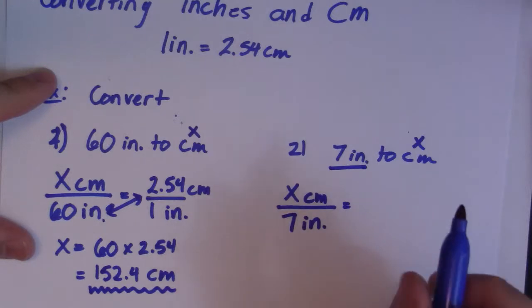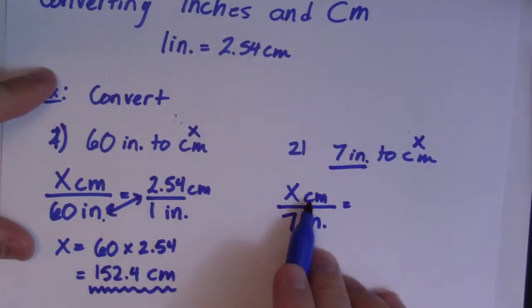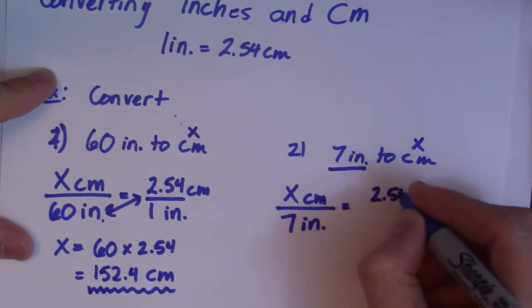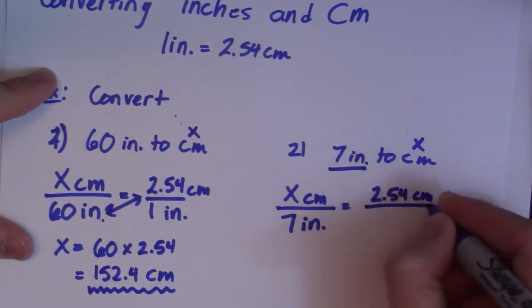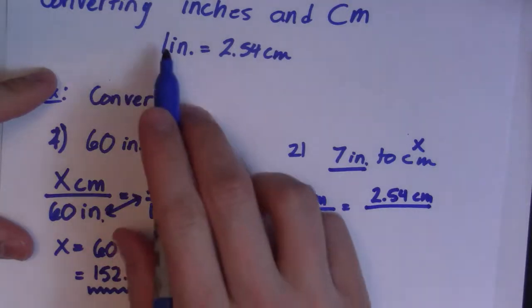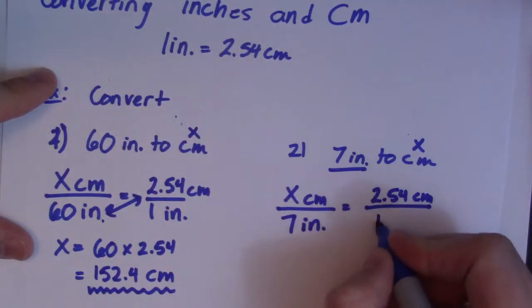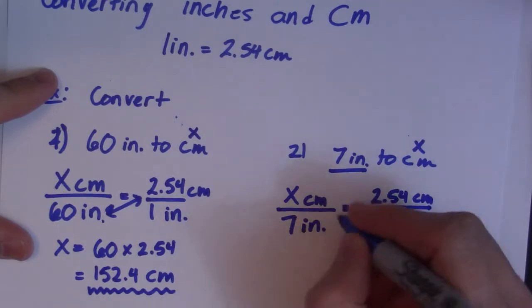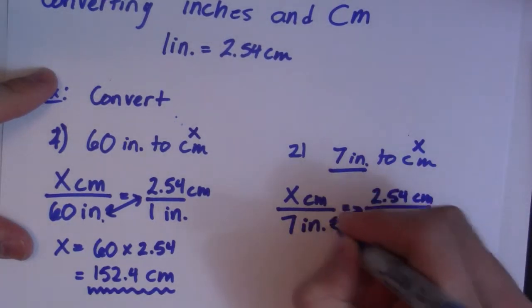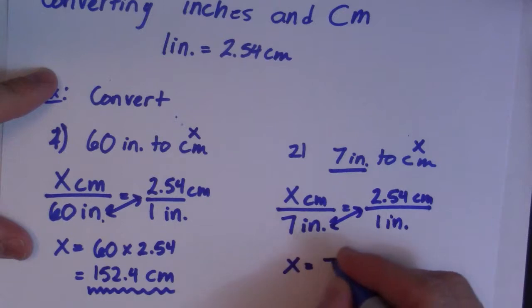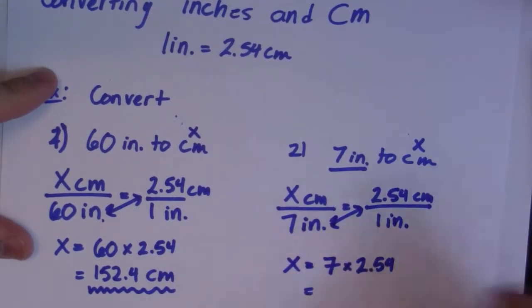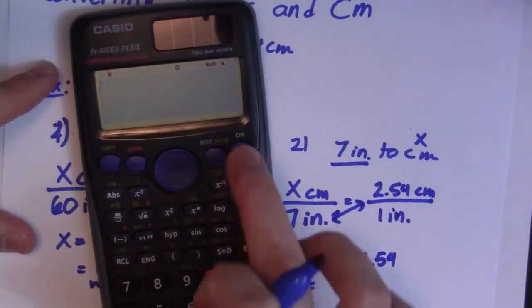And that's equal to, well, I have centimeters on top, so I'm going to use that in my proportionality statement: 2.54 centimeters divided by 1 inch. Again, I do a quick check: centimeters, centimeters, inch, inch. Cross multiply, so x is equal to 7 times 2.54.